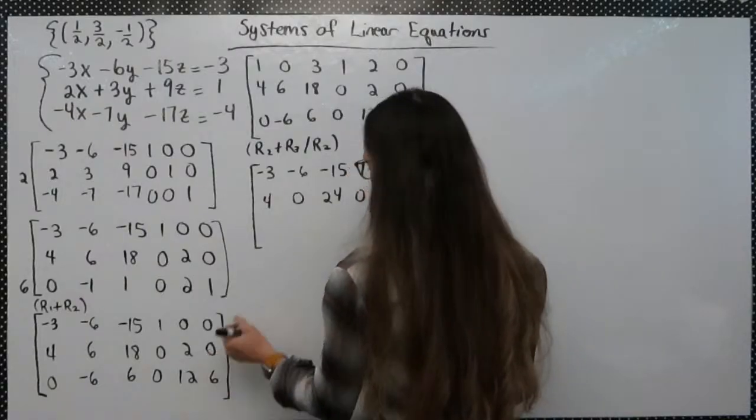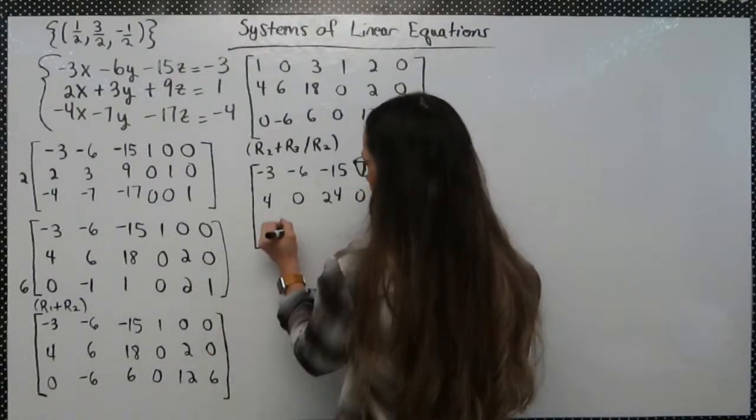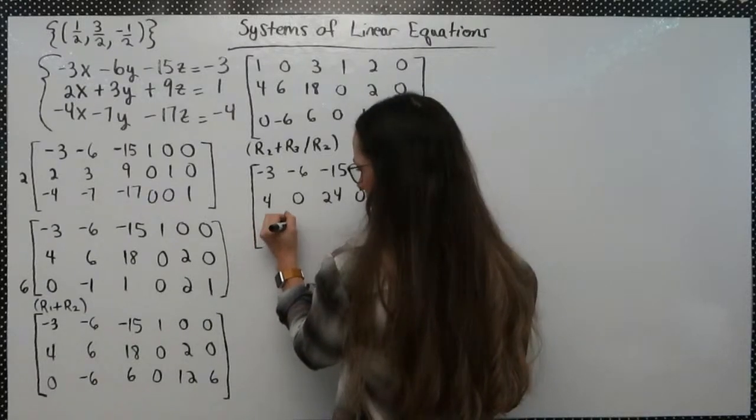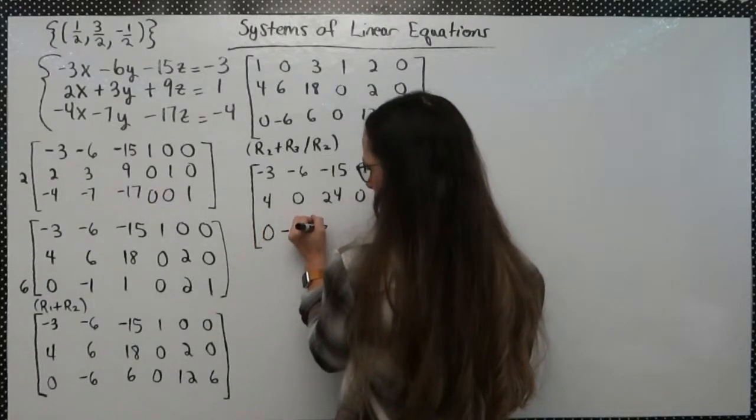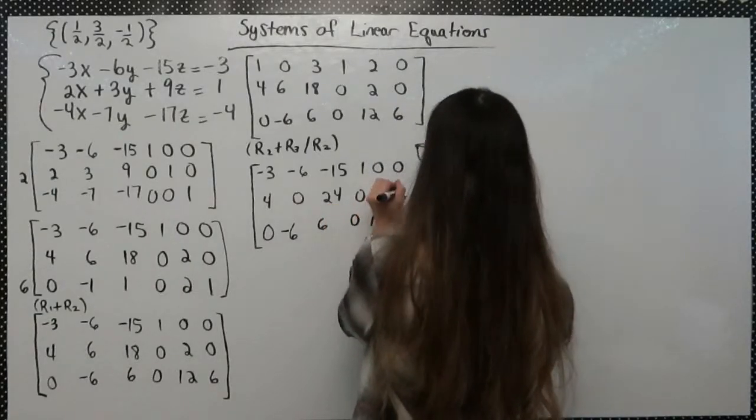And 6 plus 0 is 6. And then we'll just write that row 3. 0, -6, 6, 0, 12, 6.